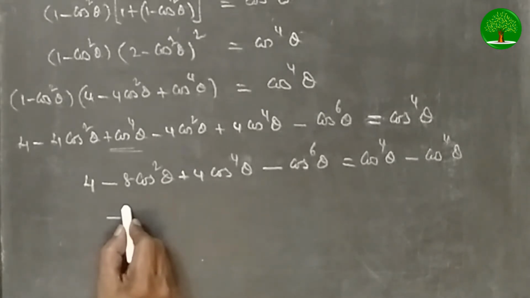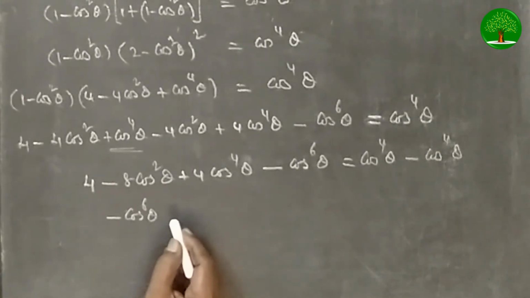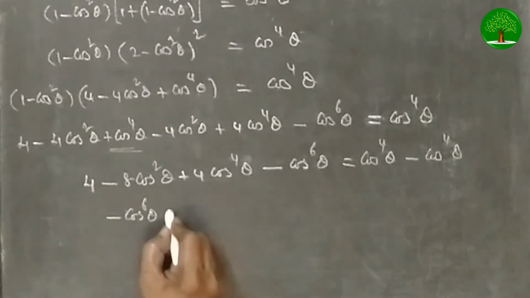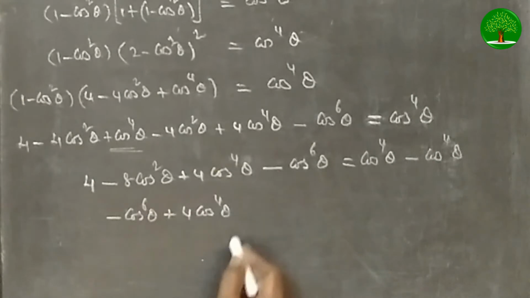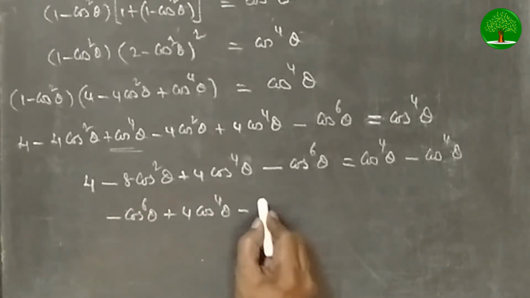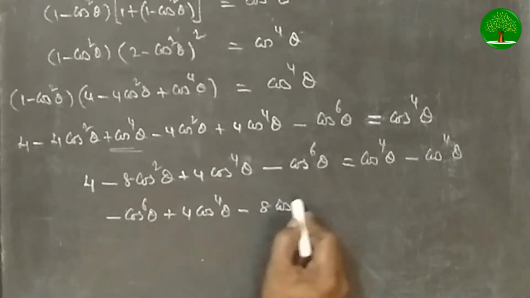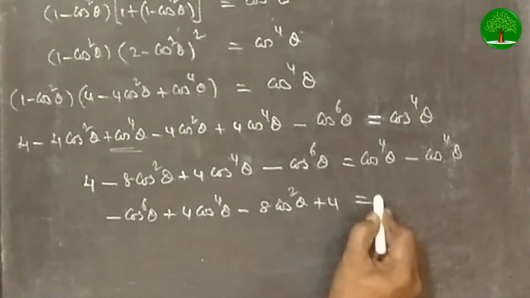That is minus cos to the power of 6 theta plus 4 cos to the power of 4 theta minus 8 cos square theta plus 4 is equal to 0.